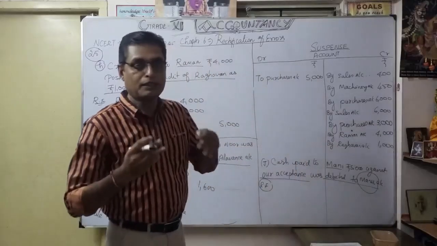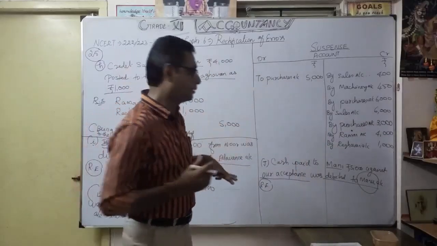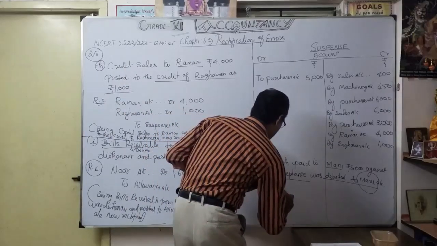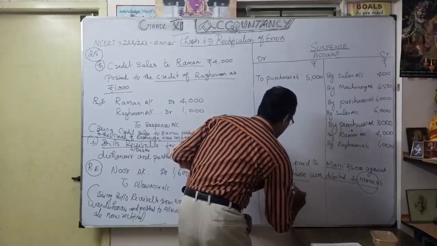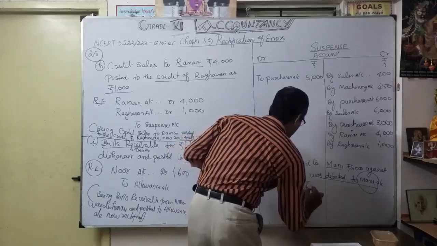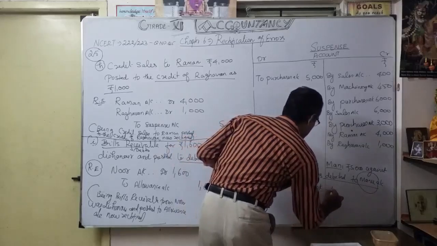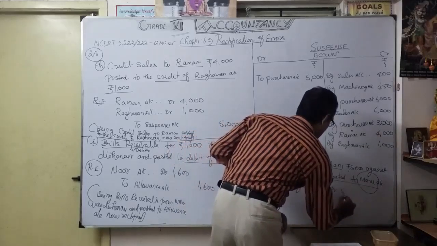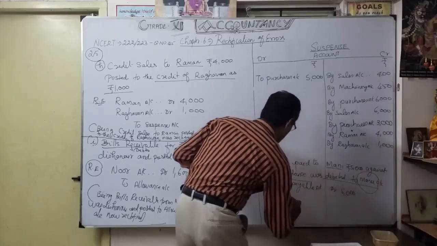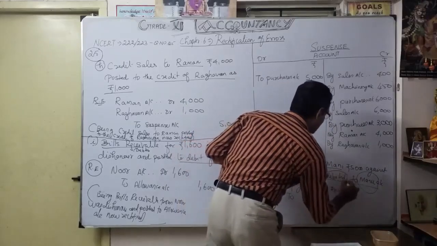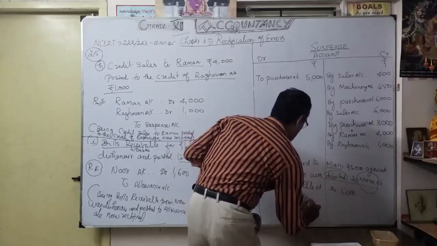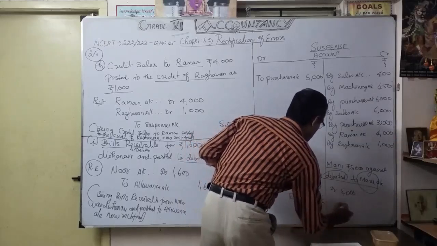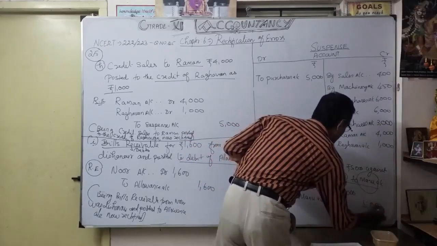Paid to whom? Manu. To cancellation of bills payable. That's the rectification entry. Bills payable account debit, how much? 5,000, to Manu account. Earlier debited, now credited to Manu account. To Manu account 5,000.